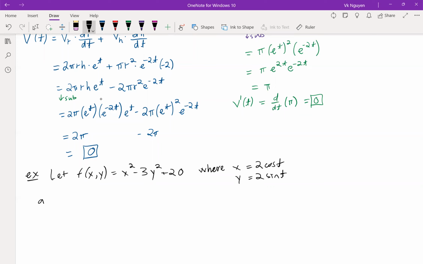We're going to find df over dt and evaluate it at t equals pi over 4, and then we're going to interpret the result geometrically.